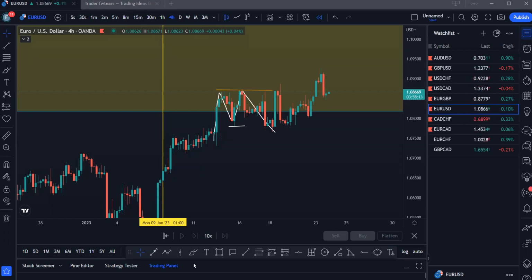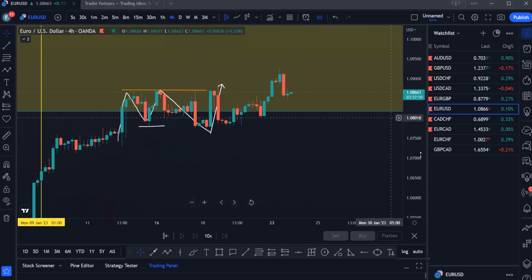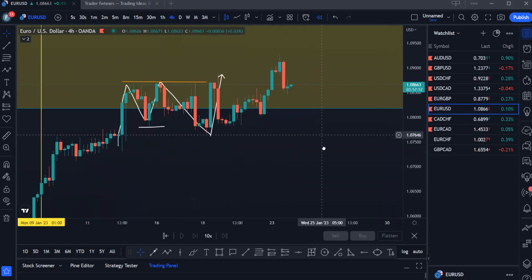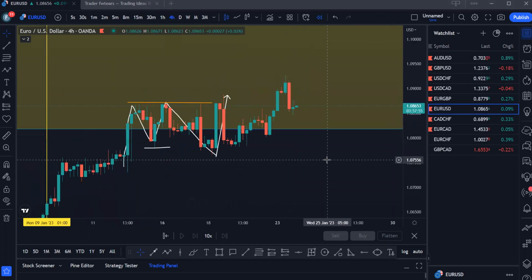All right, so you wait for people's liquidity to be taken out. So people's SL is here, so price needs to go up and grab liquidity, which it did here. So when that happens, you now want to wait for order flow to shift to bearish because you want to sell. So you are waiting for order flow shift.